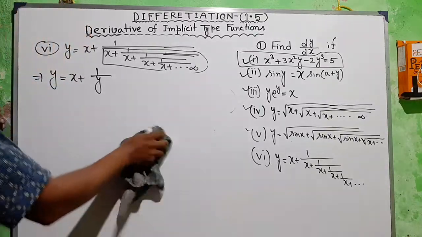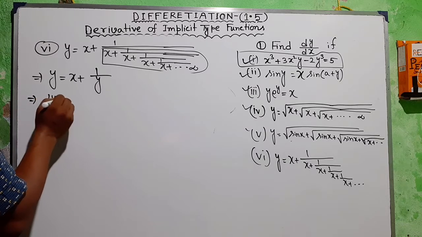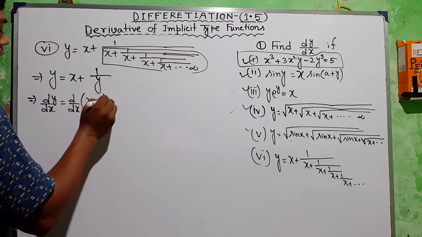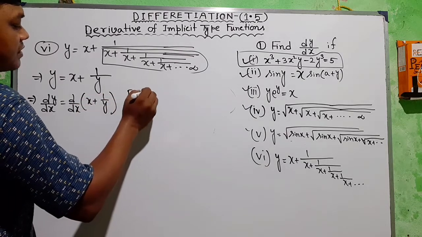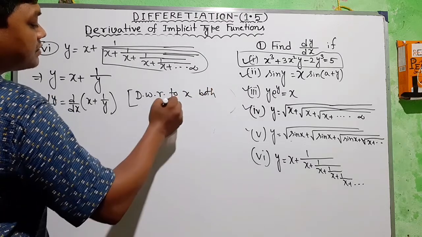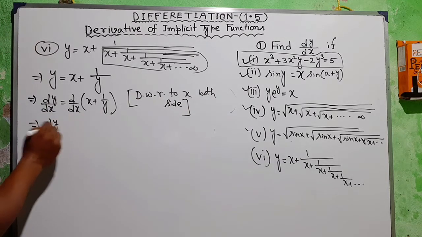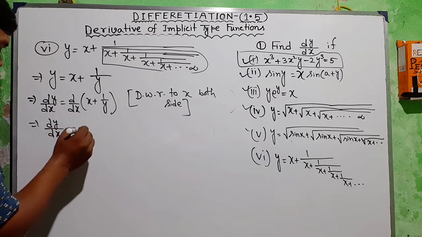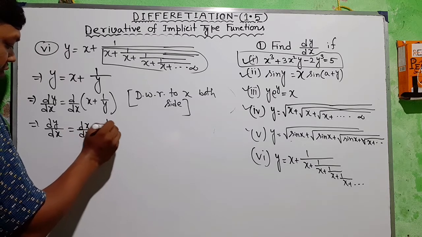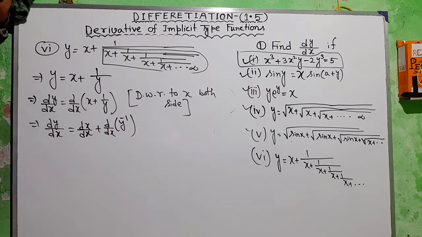So now differentiate with respect to x both sides. d/dx of y is dy/dx, d/dx of x plus 1 by y. So dy/dx equals d/dx of x, that is 1, plus d/dx of y to the power minus 1, since 1 by y is y to the power minus 1.